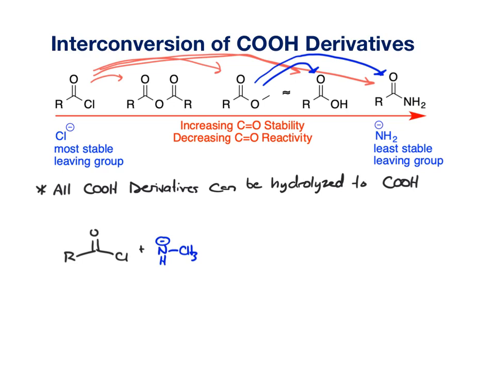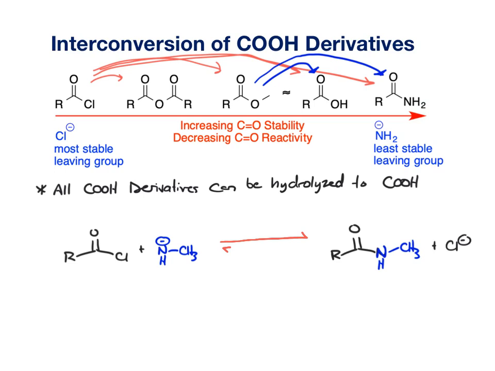Now that will act as a nucleophile and add to the acid chloride, and the product you get will be the amide and Cl minus. So you want to make sure this reaction is favored. Well, because the amide product is more stable than the acid chloride starting material, this reaction should in fact proceed to the right.